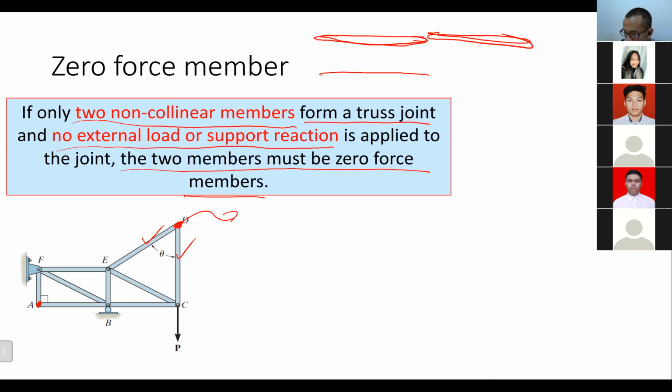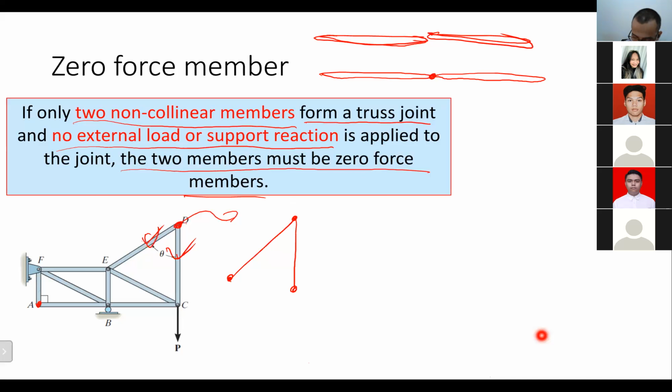They are not straight to each other. Collinear is like this. This is collinear. They are not straight to each other. Correct, Natasha? They are at a certain angle to each other, right? So these two joints must be zero force members.